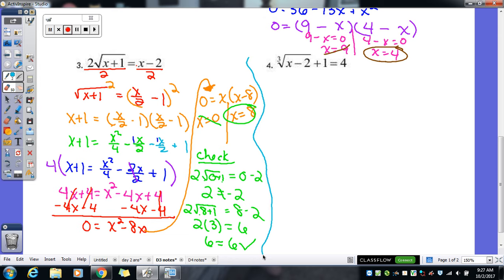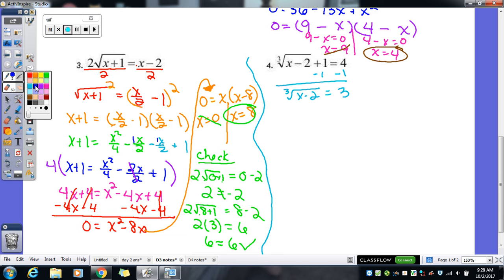All right, let's try our fourth one there. What do we want to do first? Subtract the 1. So I get the cube root of x minus 2 equals 3. It's nice for the cube root that we don't have a binomial over there that we have to multiply out 3 times.